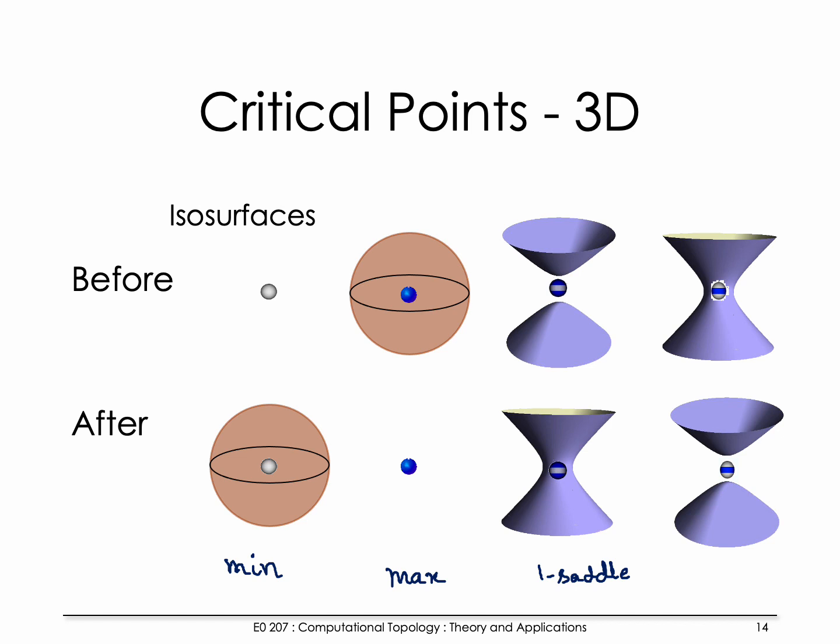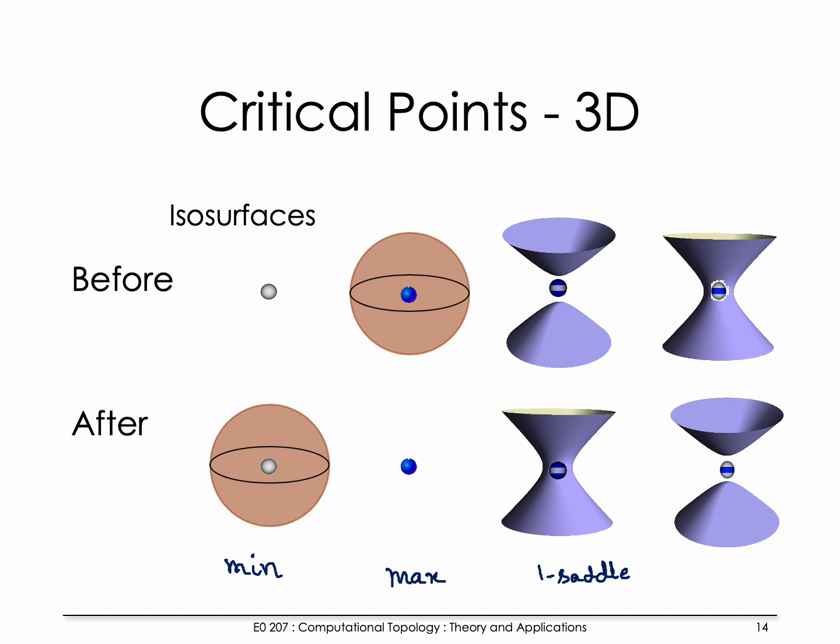Once you cross the one saddle, these 2 conical caps merge into this funnel-like shape, this hourglass-like shape. Now globally what happens? You actually form a torus. So essentially, the number of connected components does not change.